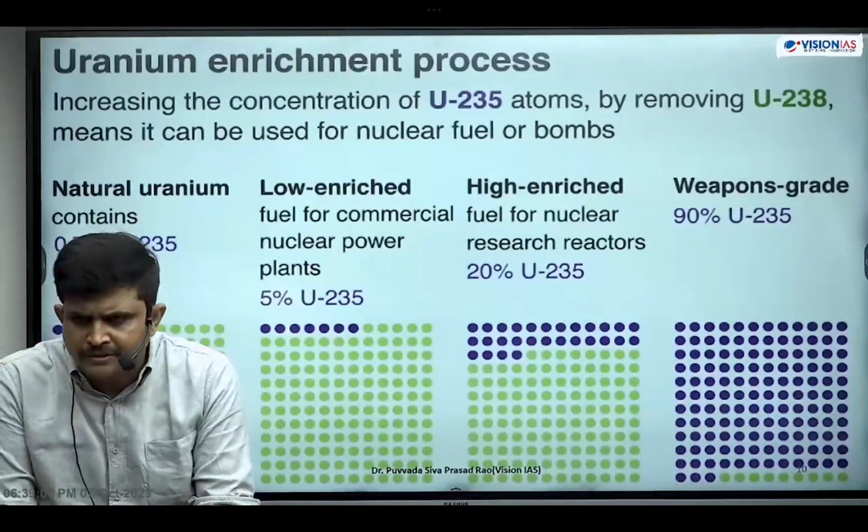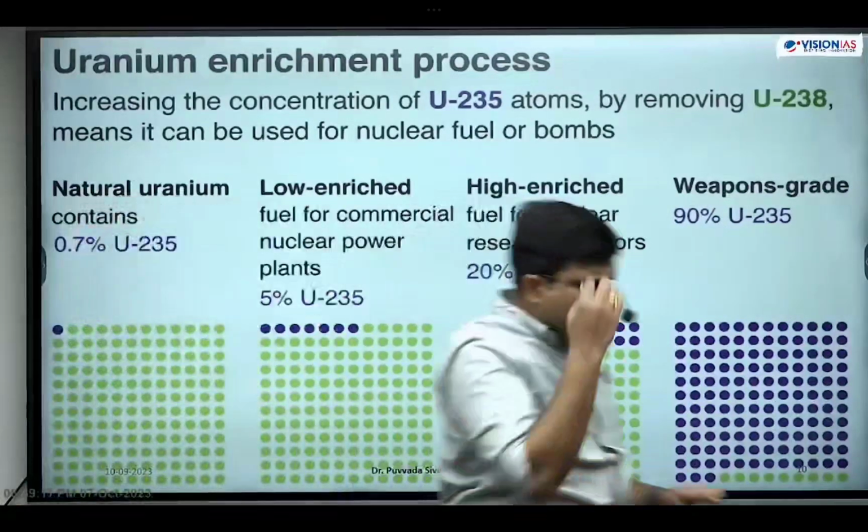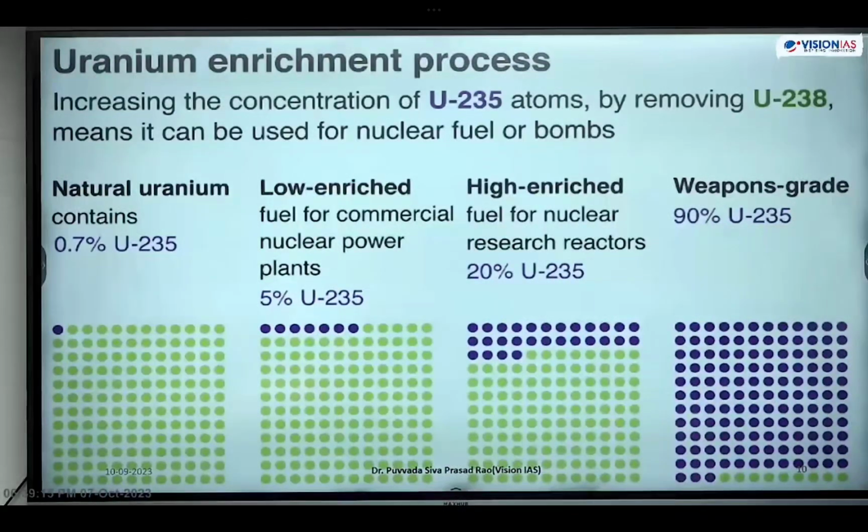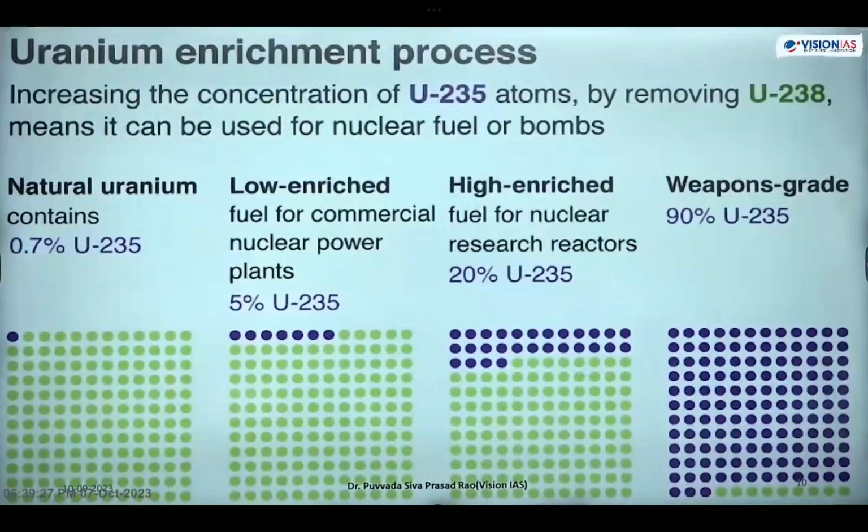Next point is, natural uranium consists of 99.3% of uranium 238 and 0.7% of uranium 235. At this stage, uranium 235 cannot be used as a fuel.